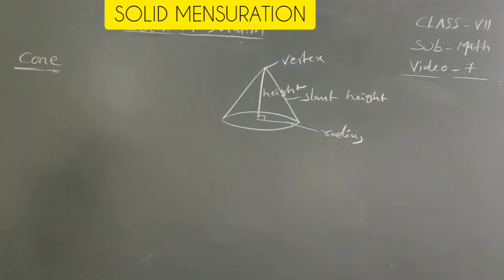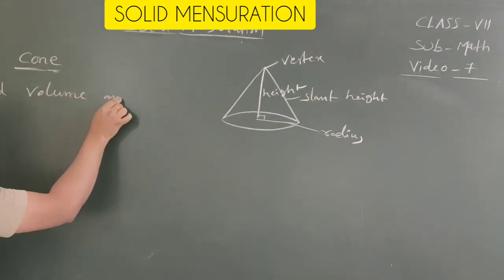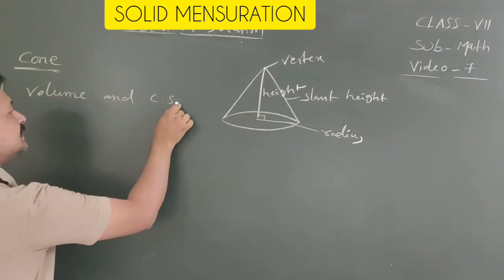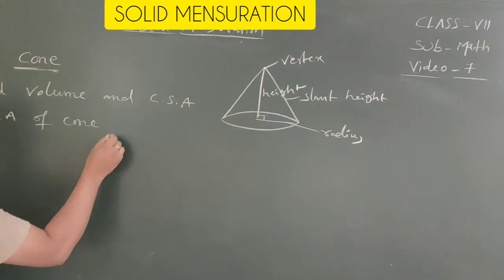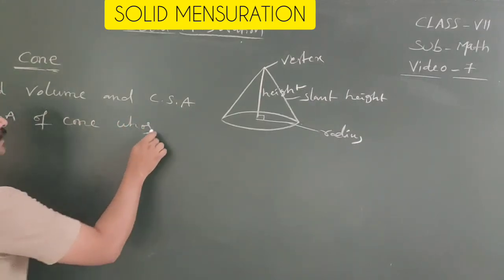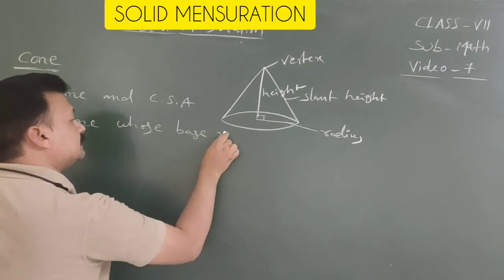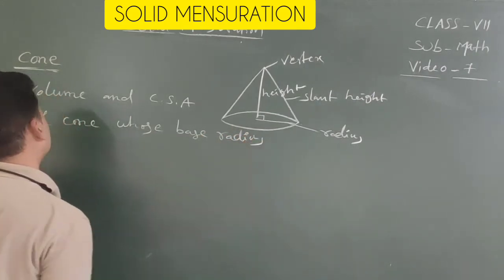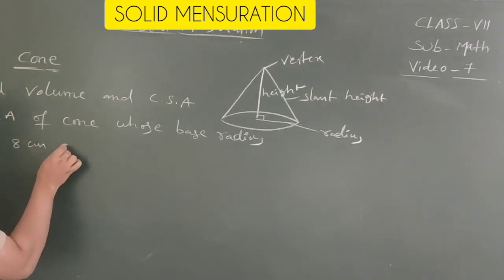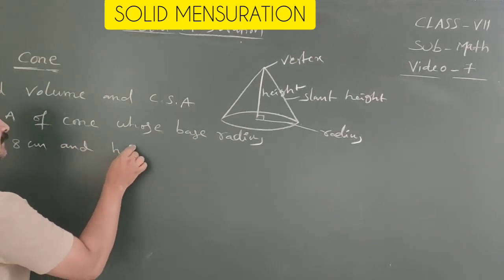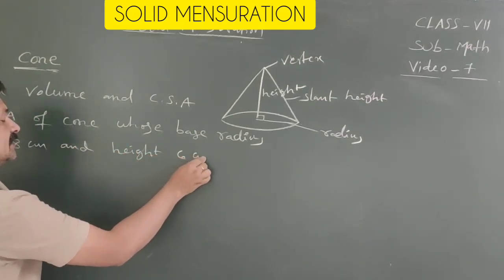Okay, problem 1. Find the volume, CSA, and TSA of a cone whose base radius is 8 centimeters and height is 6 centimeters.